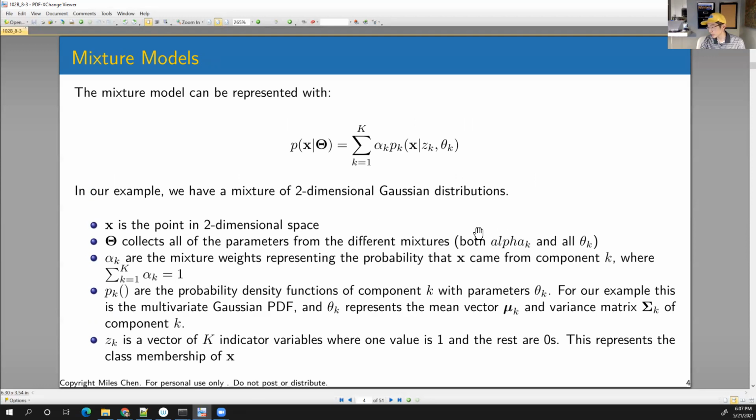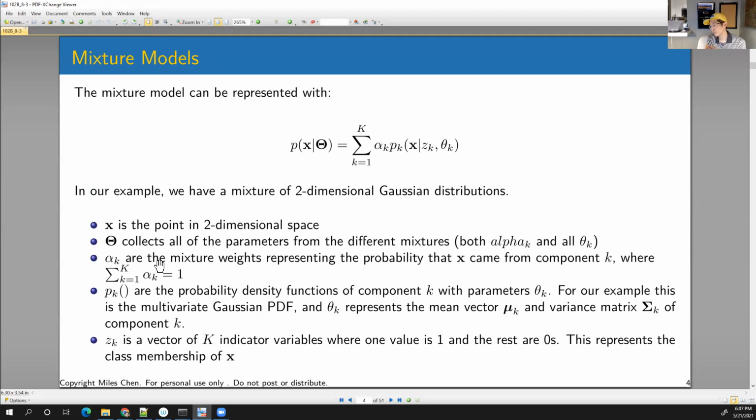So theta includes all the parameters from all the different mixtures, including the mixture weights, okay? And the probability of any one point is going to be the sum of three products, or three probability densities. You have the multivariate probability distribution, which is this P sub k. That's just the multivariate Gaussian PDF, so you can think of it as the normal PDF, but for a multivariate thing, multiplied by the mixture weight, right?